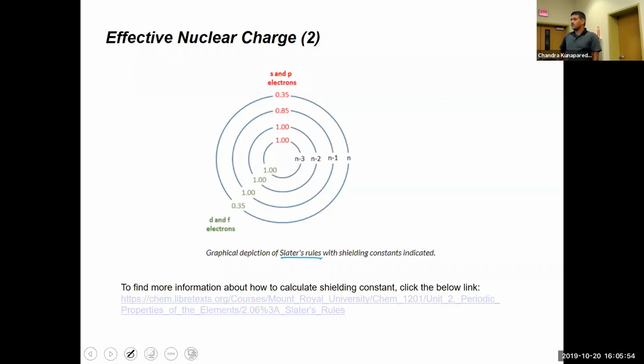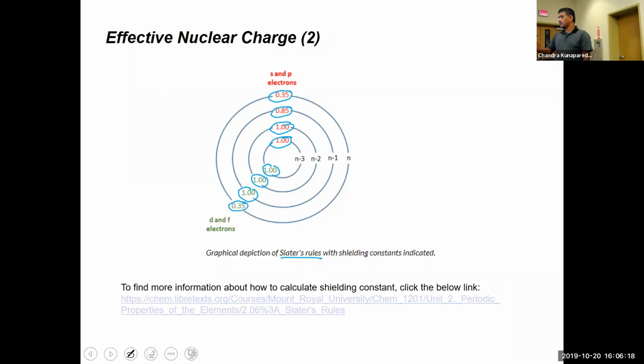Slater's Rule, and basically he proposed the shielding strength of a subshell that is present in different shells. He predicted that based on which shell an s or p subshell is present in, they have a different strength of shielding the positive charge of the nucleus reaching the outside.